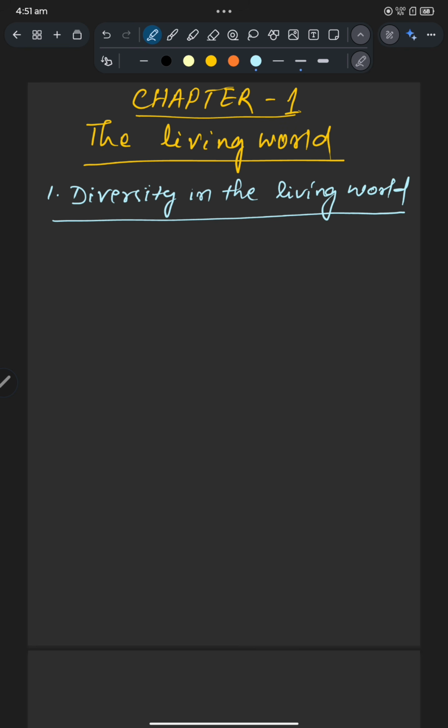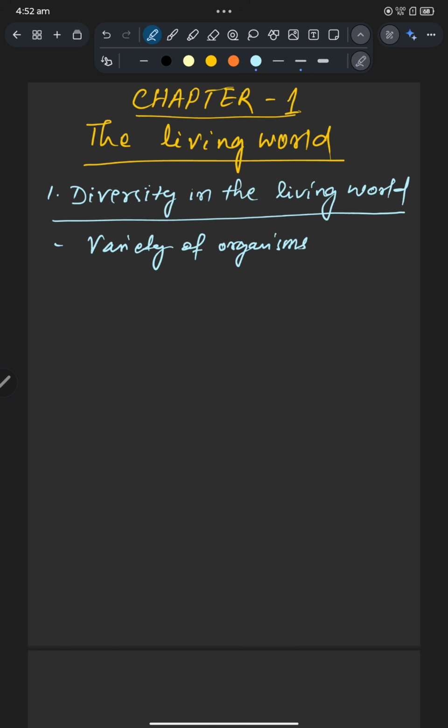All of you know what diversity is. Diversity means variety, a variety of organisms, varieties of living organisms. So the living world is extremely wonderful and diverse.